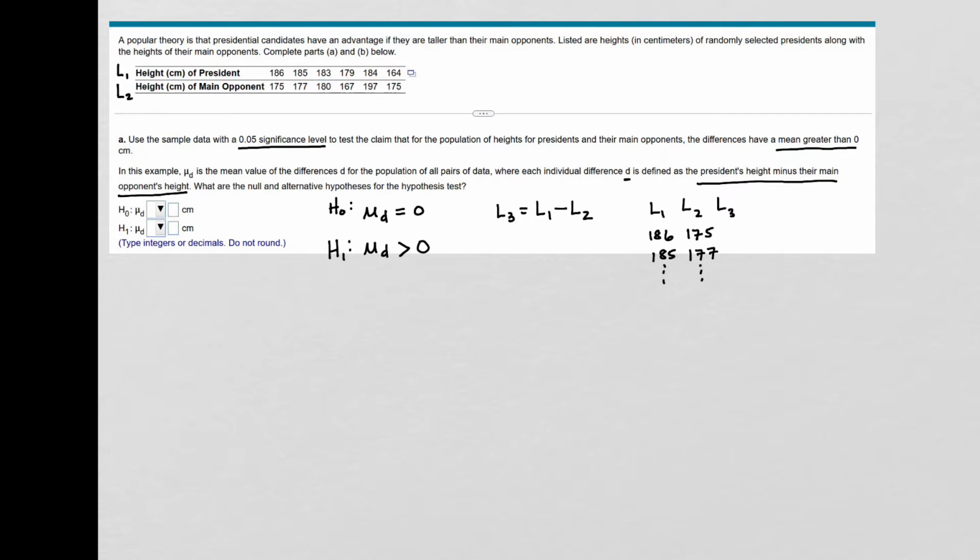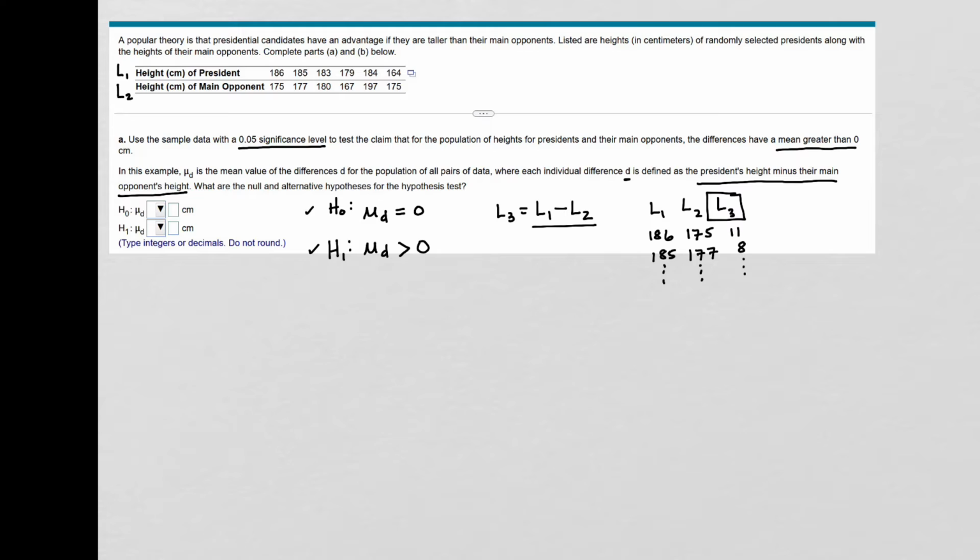And L3, we need to be up in the heading and type in L1 minus L2. And this will give me the list of differences. So the first difference is going to be 11, the second difference is going to be 8, and so on throughout that. So we've got our data in, we've got our null hypothesis and our alternative hypothesis.